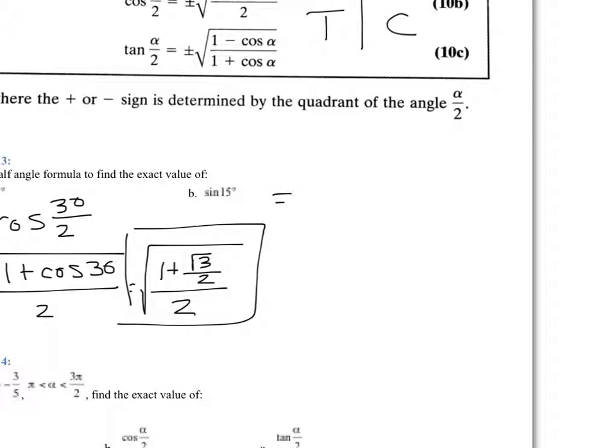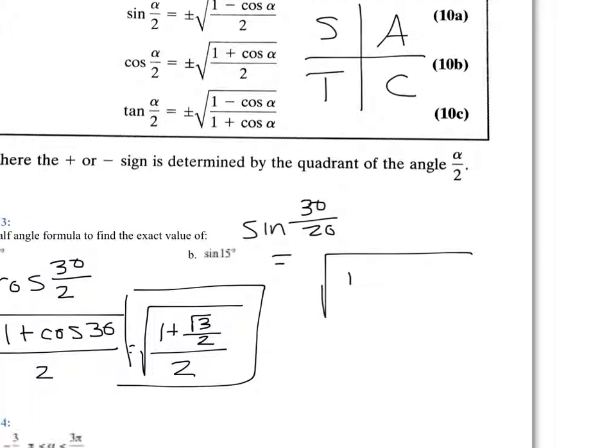If we wanted to use the half-angle formula for sine, sine of 15 is the same thing as sine of 30 over 2. So we can look at the formula up above. Sine is subtraction, so 1 minus cosine of 30 over 2.